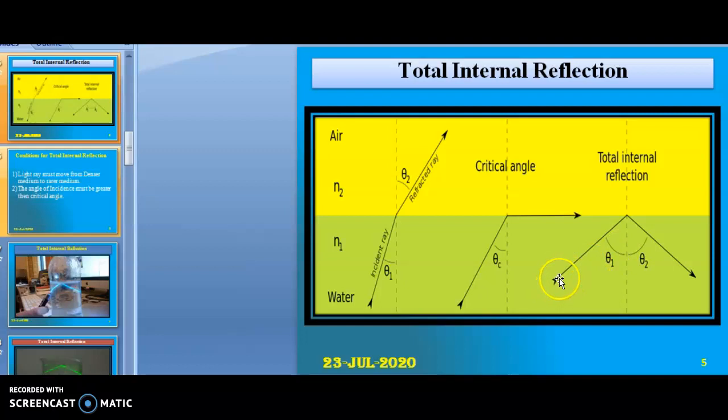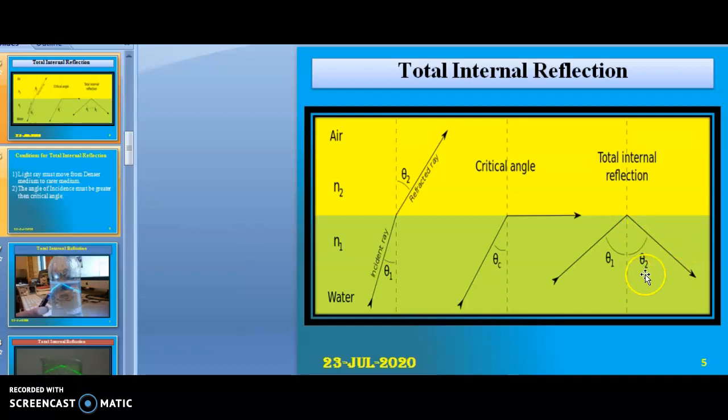Now let us come to the third diagram. Here, this is the incident ray. Actually, the light ray has to enter into the air medium. But here, the angle of incidence is greater than the critical angle theta C. Since the angle of incidence is more than critical angle, the light ray gets reflected into the same medium.